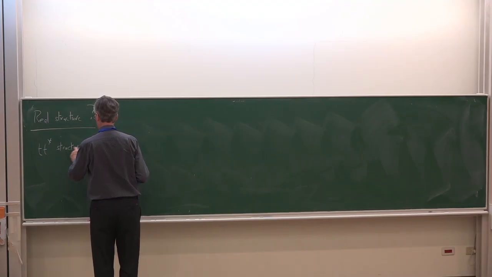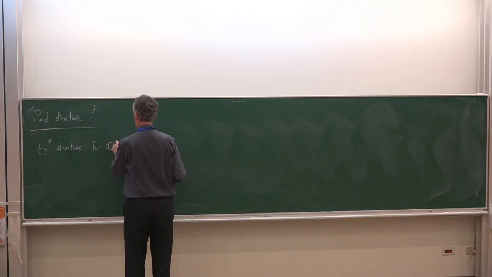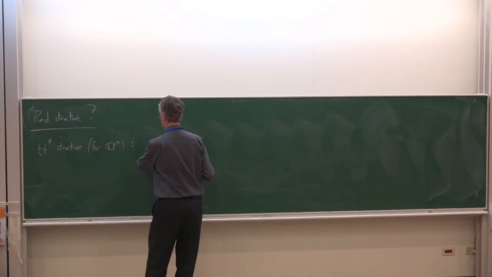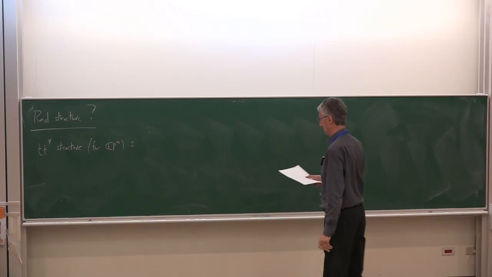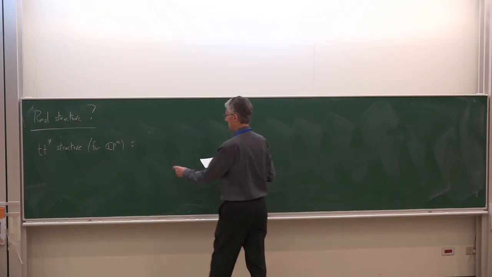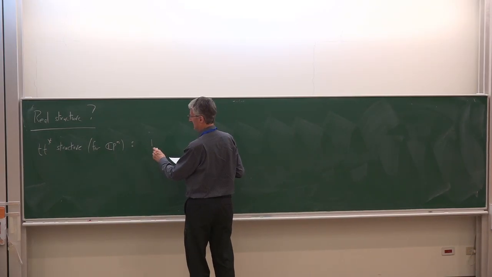In the case of CPN, so of course it has a completely general definition, but for CPN, in particular CP2, what is a topological, anti-topological fusion structure?